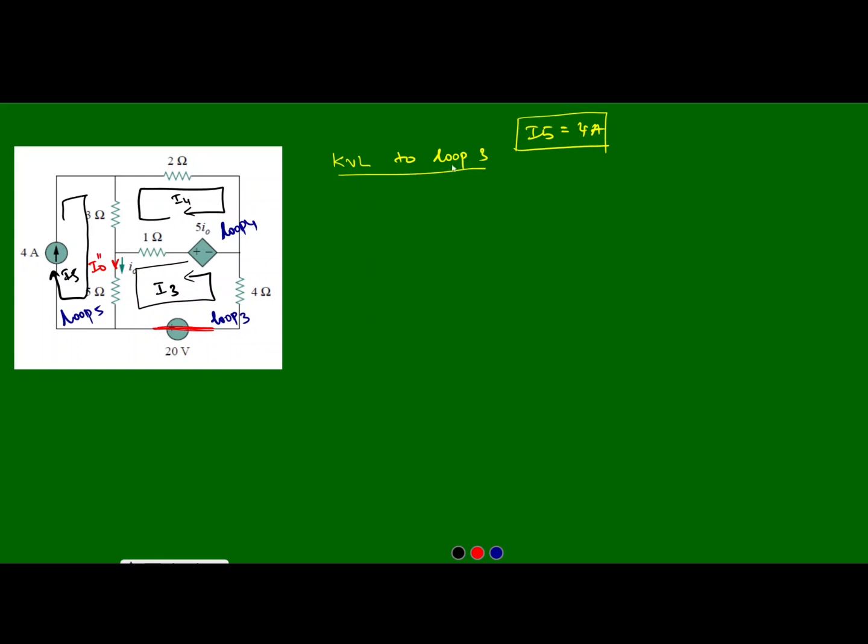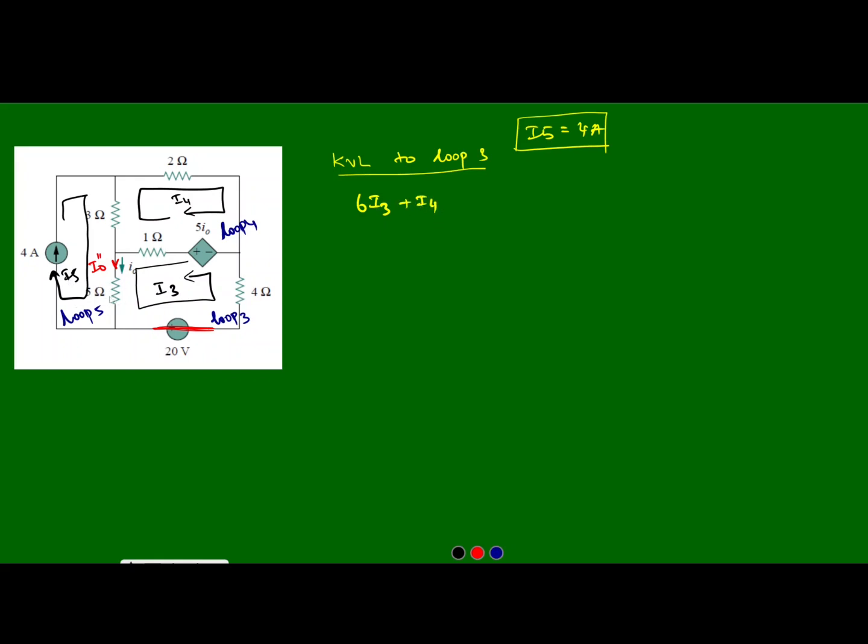Now when we are applying KVL to loop 3, we know that the 1 ohm resistor and 5 ohm resistor are connected in series. So I can write 6I3. Second, the effect of I4 on the 1 ohm resistor: both the currents are in the same direction, so we can write plus I4.